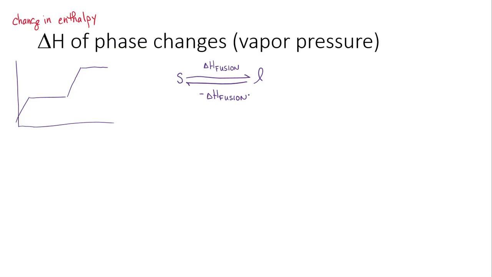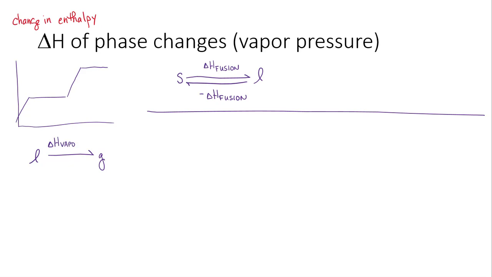Well, what we care about this time around is what happens when you go from a liquid to a gas. That phase change is called vaporization, and it uses the delta H of vaporization.